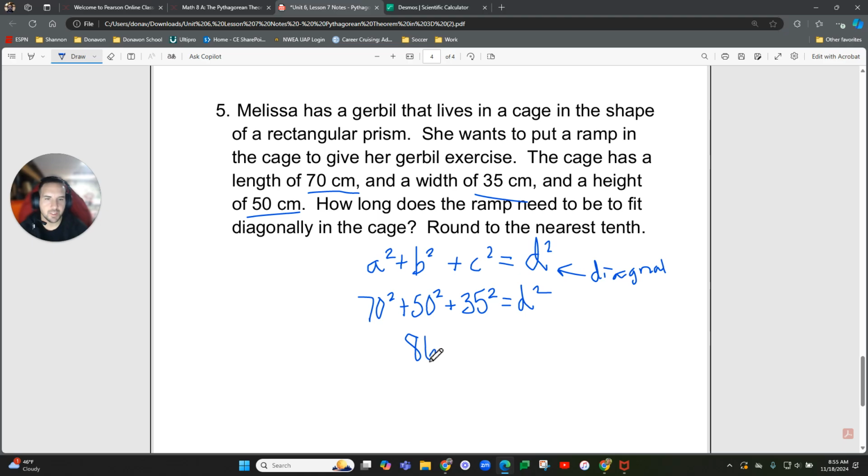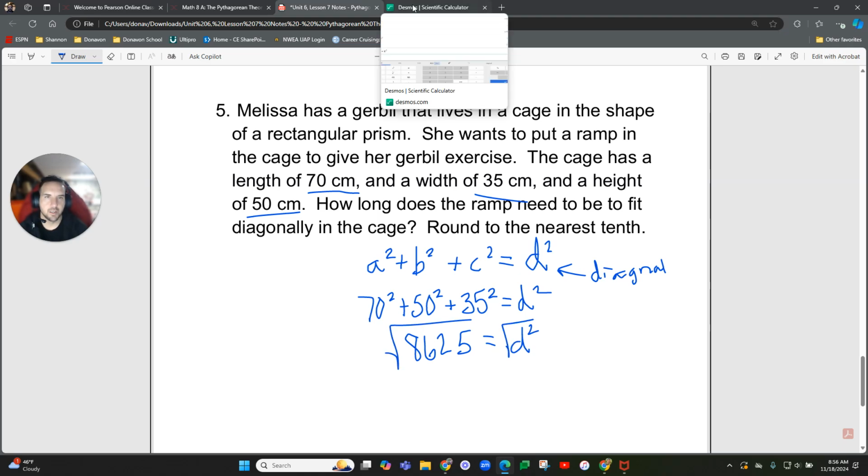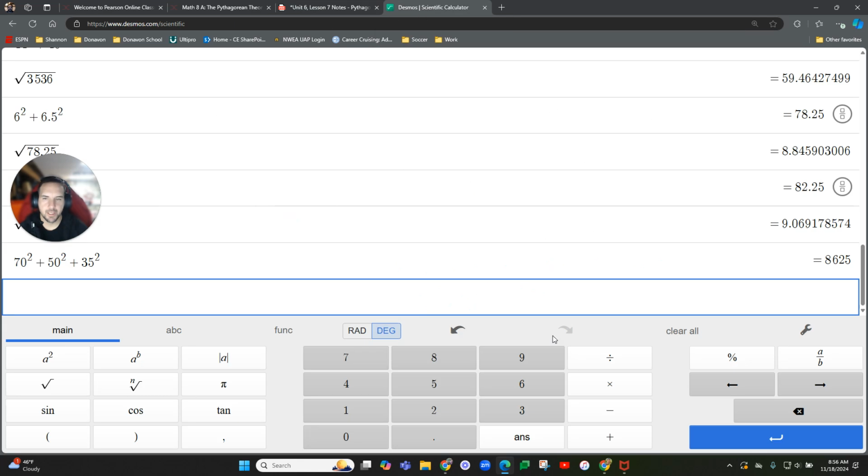8,625 is equal to our diagonal squared. And again, last step, take the square root. So our diagonal is the square root of 8,625.